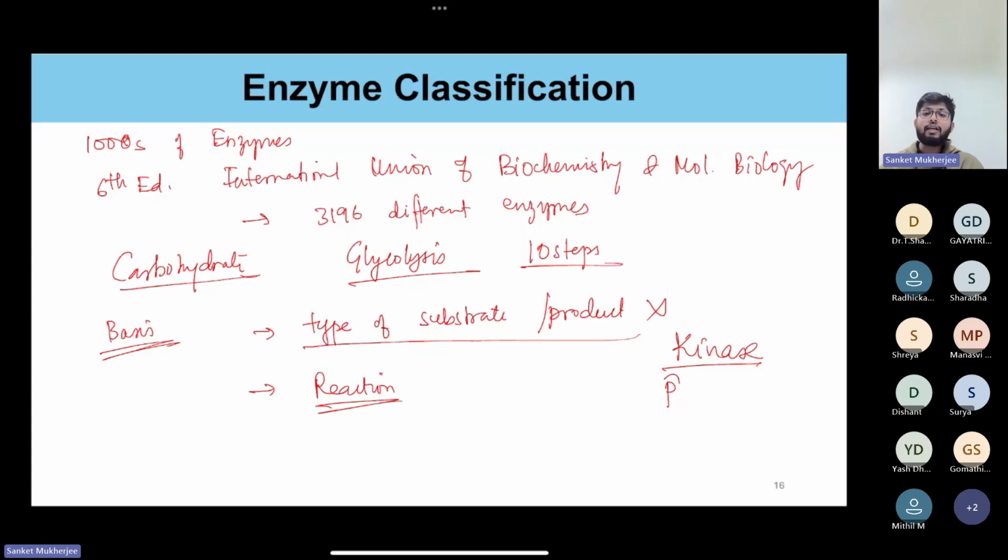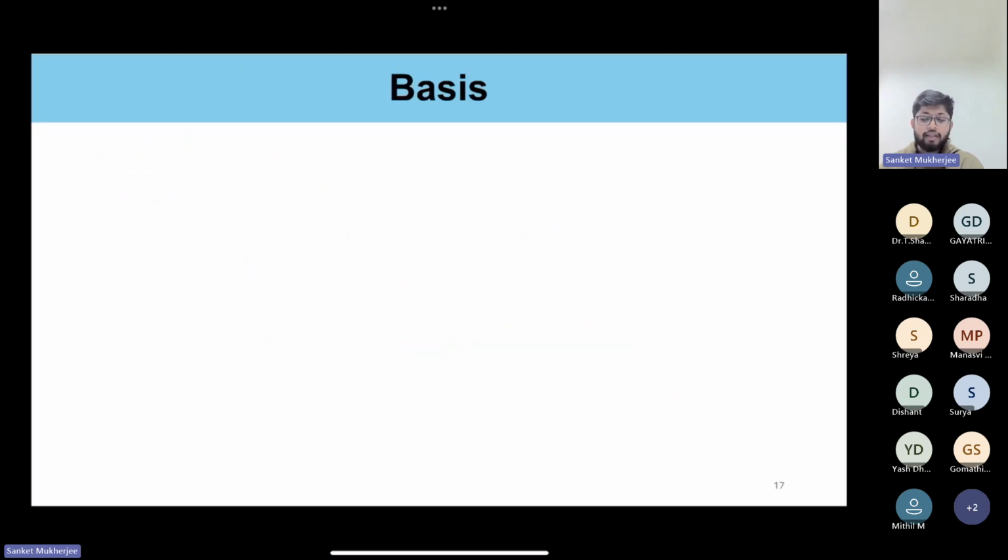Whenever we study a new enzyme, why is this classification important? Because whenever we find some novel enzyme, something that has not been found earlier, we can try to figure out based on its function what class of enzyme it falls into. So this basis is covered.